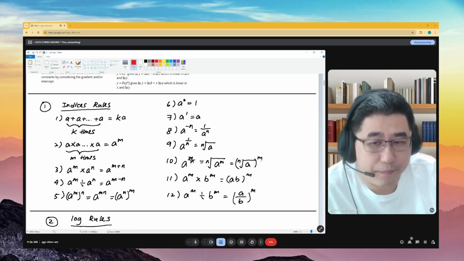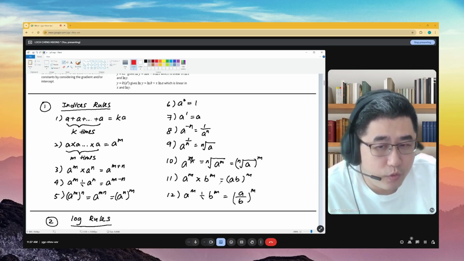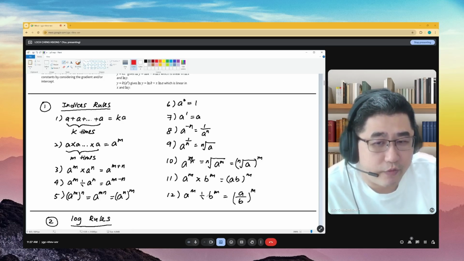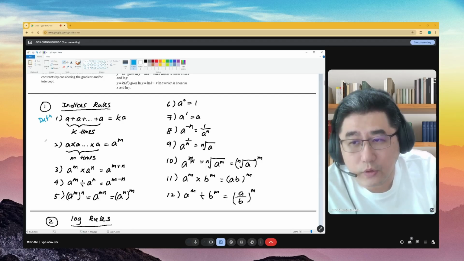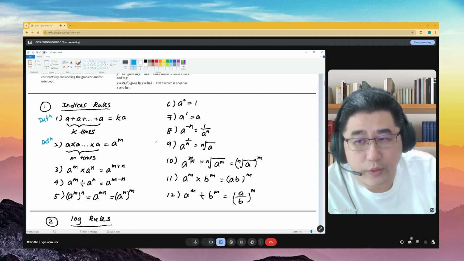11, if I have a^m times b^m, I have (ab)^m. And 12, I have a^m divided by b^m, I will have (a over b) the whole thing to the power m. As a recall, number 1, number 2, and number 9 will be considered as definitions.